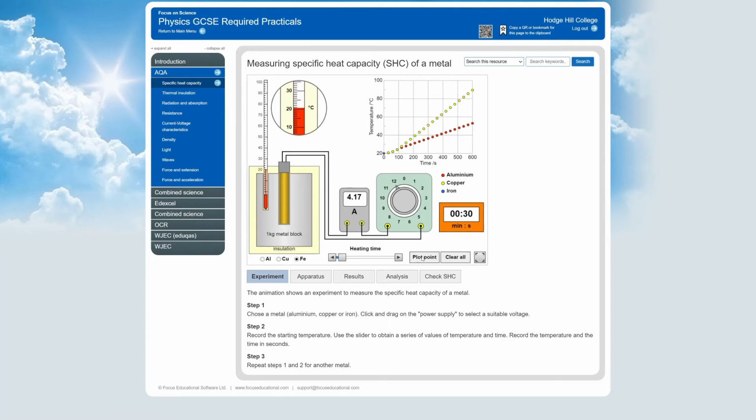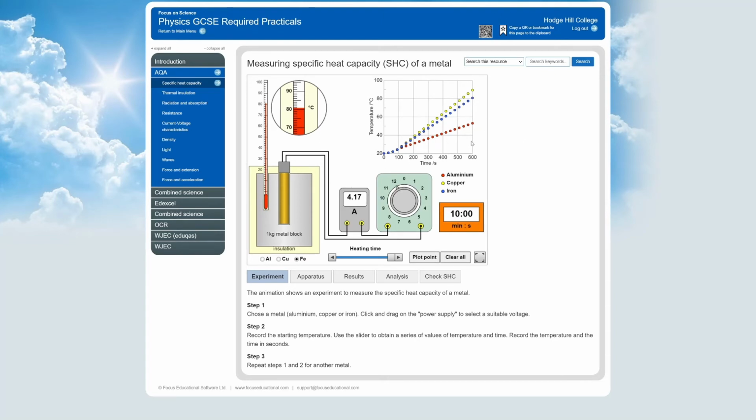Exactly the same thing. Measuring the temperature at 30-second intervals, plotting them on the graph. You can see these as the blue dots moving up the page. So same thing again. Don't forget, I'm controlling the time because I am deciding when to do the measurement. So the iron block is now in between the other two.